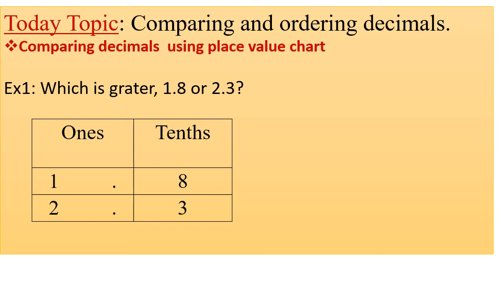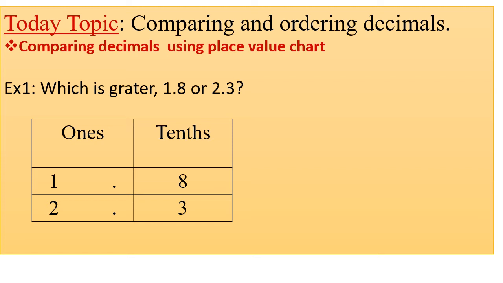The numbers must be the digits that follow the point. So teacher has 1.8. 1 teacher puts in the ones place and 8 in the tenths. And 2.3. Number 2 teacher puts in the ones place and number 3 in the tenths.